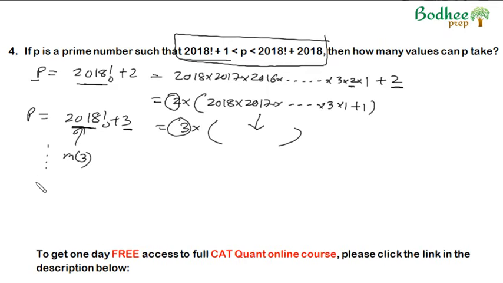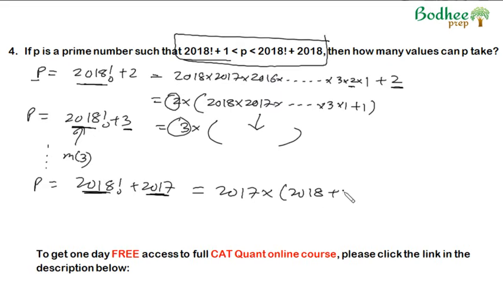And if I extend this logic, then the last number which I can take is 2018 factorial plus 2017. Again we can say that 2017 is included in both of these terms. So this can be written as 2017 into (2018 plus 1). Again p can be factorized as 2 natural numbers, and if it can be factorized into 2 natural numbers other than 1 and the number itself, then it's not a prime number.